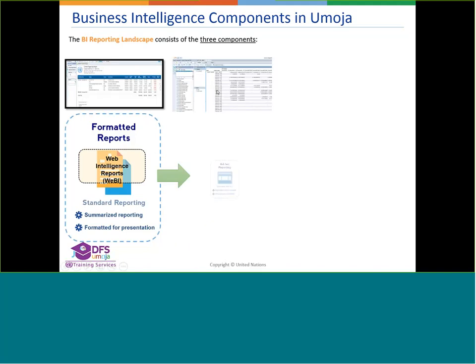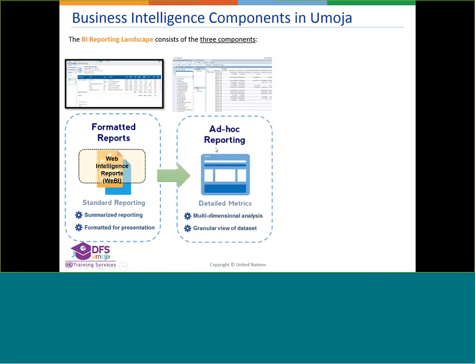The second one is ad hoc reporting, or the analysis workspace. These reports don't look like the first one at all, because this is a platform where you can just play around with the data. It's some sort of pivot table like you do in Excel.